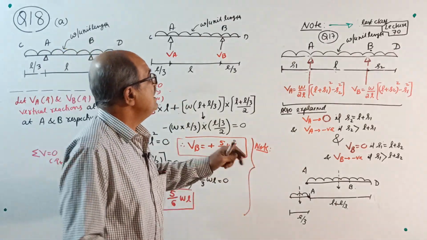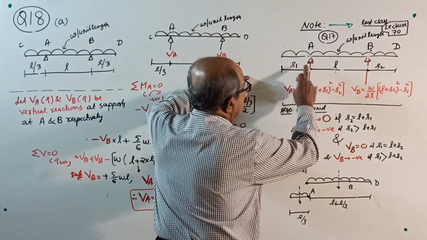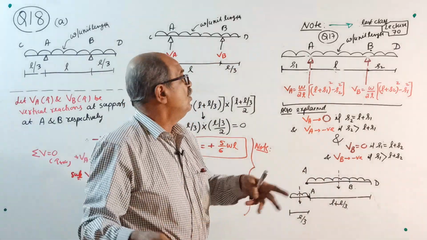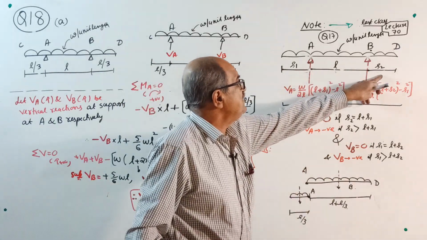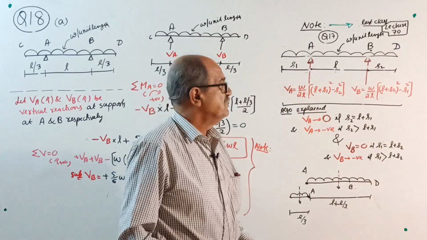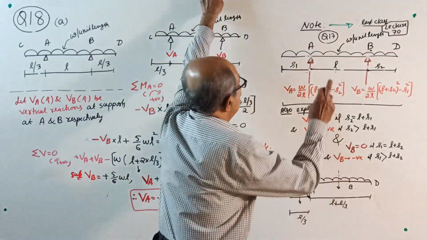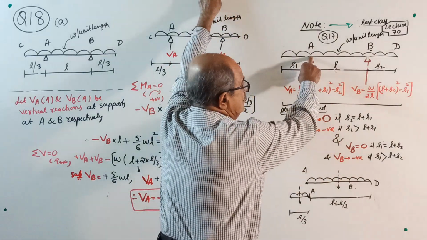Because last time, span is L, overhangs S1, S2. There is no link between them. We do not know what S1 or S2 is with respect to L, but there are some conditions, which I already explained. Your VA will be positive.